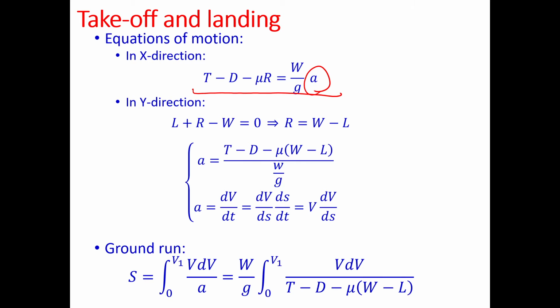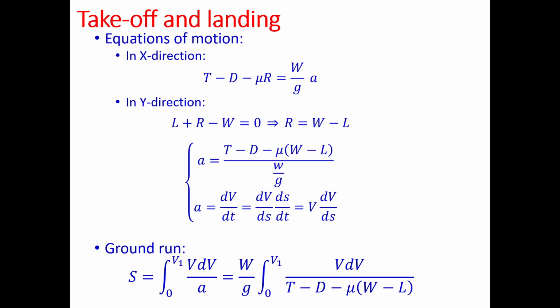The mass of the aircraft is its weight divided by the gravitational acceleration. You have the friction that is acting against thrust, you have the drag that is acting against thrust, and you also have the thrust. So this is a very simple force balance that you can write for the aircraft that is going to take off in the X direction.